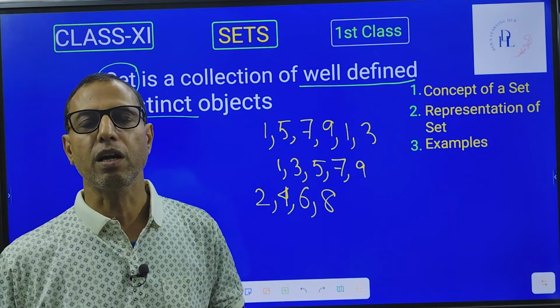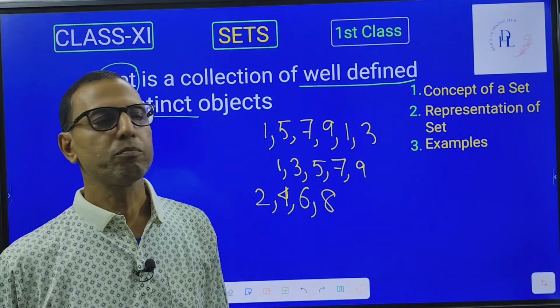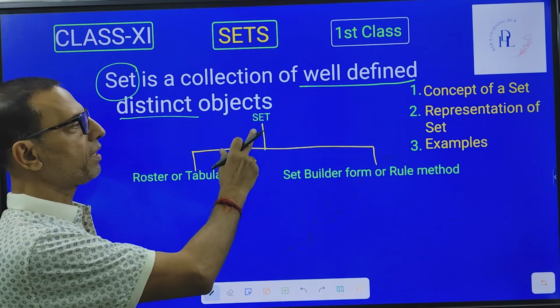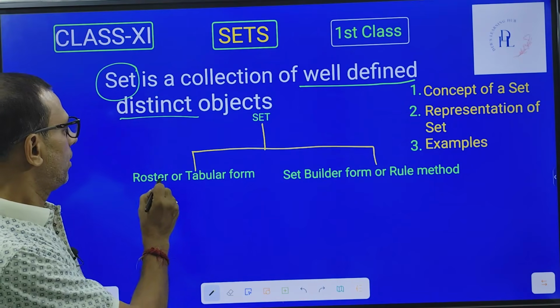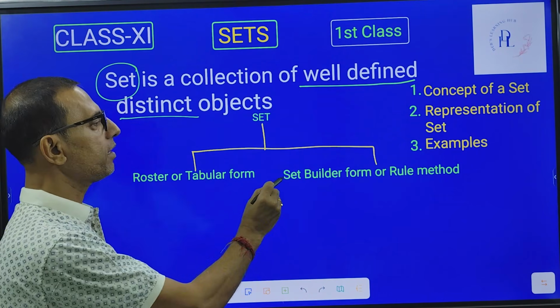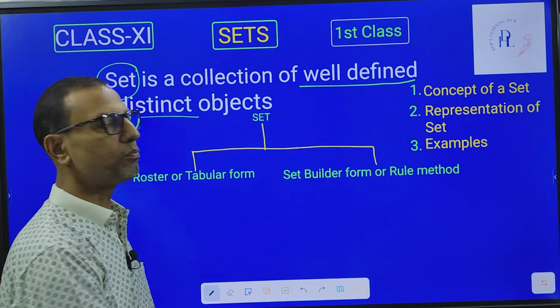Now I will give you a few more examples when I come to point number 3, examples. There are 2 ways we can represent any set. Number 1 is roster or tabular form, and another way is set builder form or rule method.